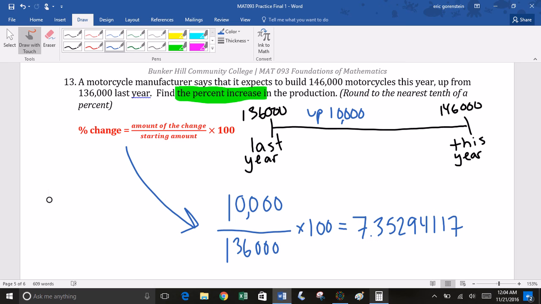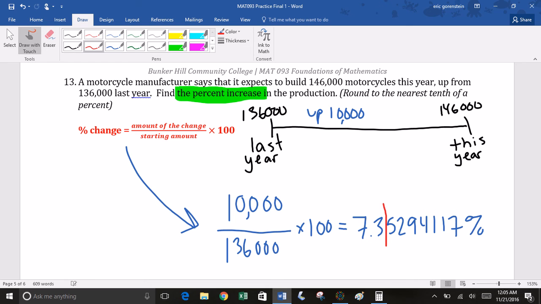Now the directions say round to the nearest tenth of a percent, so the rounding has to be done at the very end. This is the final answer. Now let's round this to a percentage. We want to keep just the nearest tenth, so let's cut it off there.